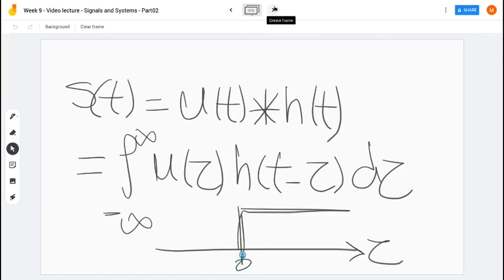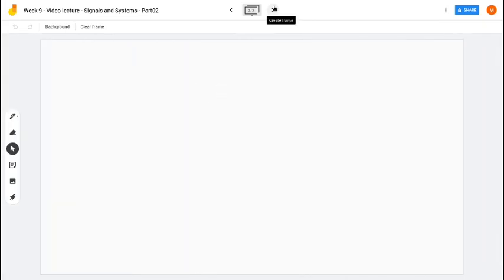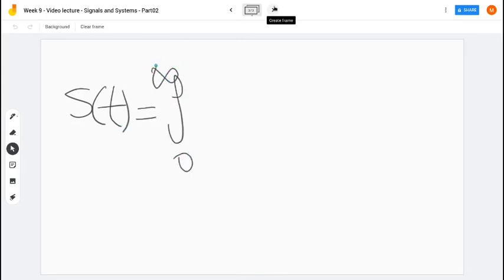So having u of tau, the integration limits will start from 0 instead of minus infinity. So s of t will be the integration from 0 up to infinity, u of tau, which is 1 here, times h of t minus tau d tau.